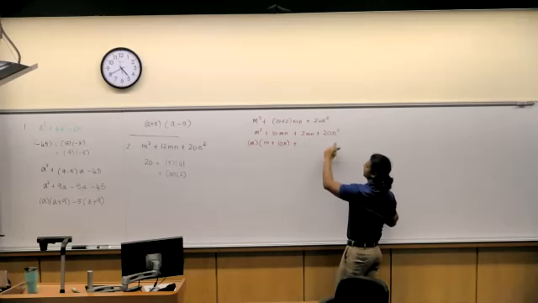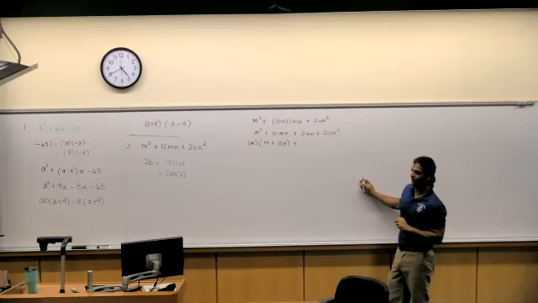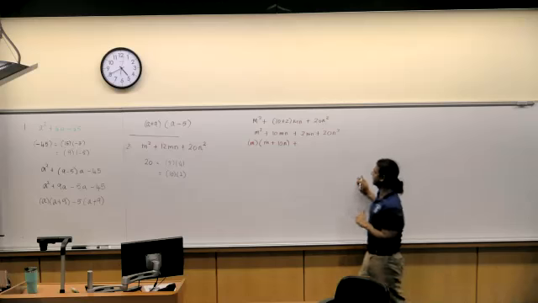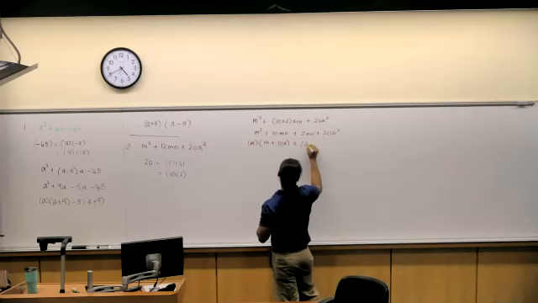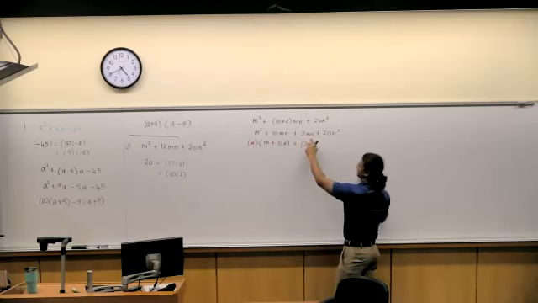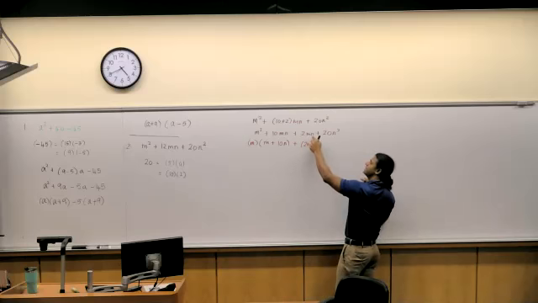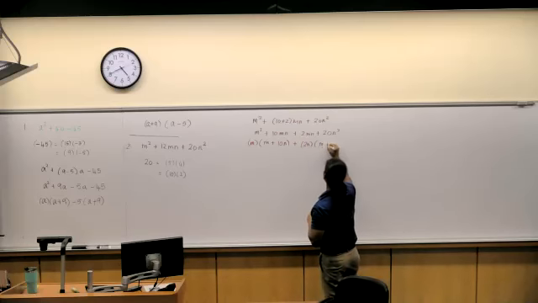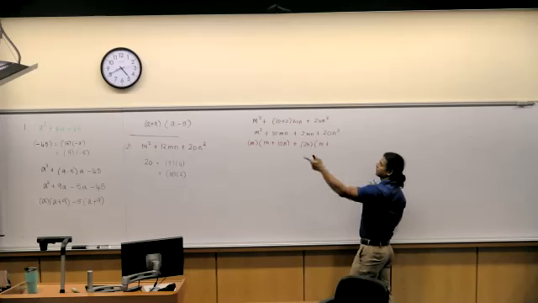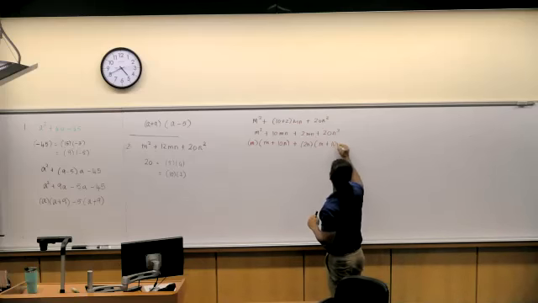What do we have in common in the next two terms? 2n. If 2n comes out of 2mn, we'll have m. 2n out of 20n squared, we'll have 10n.